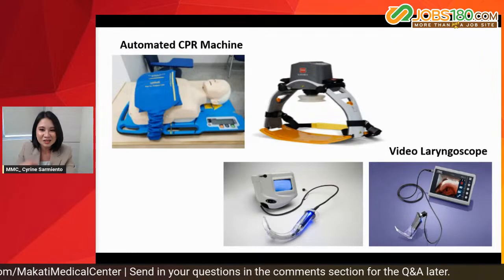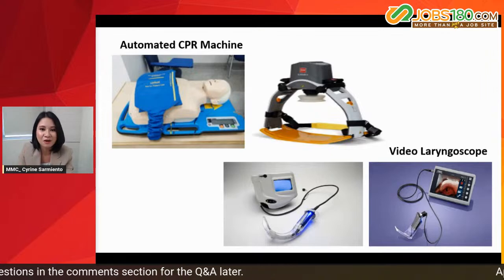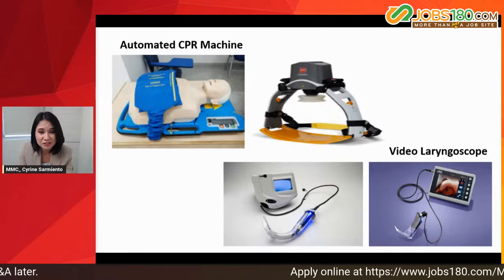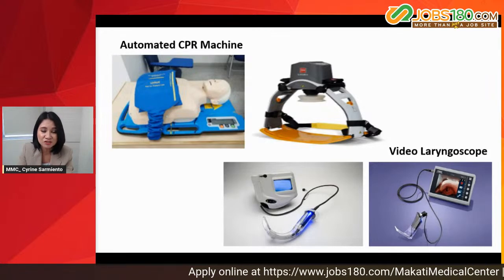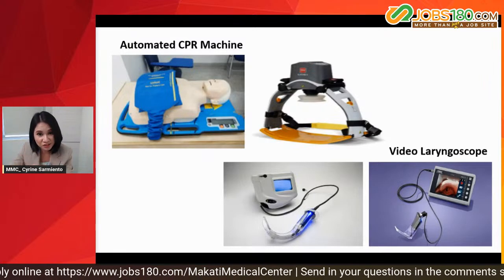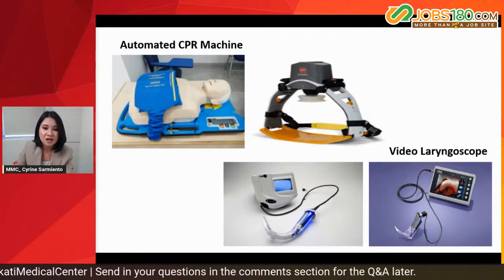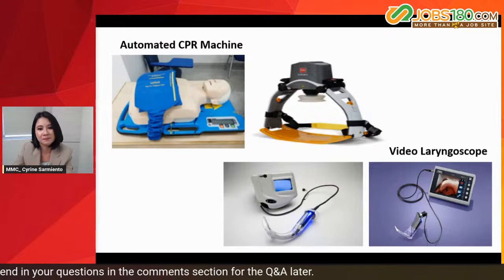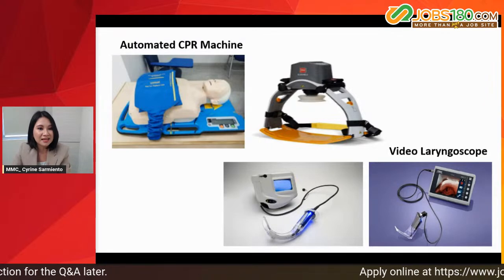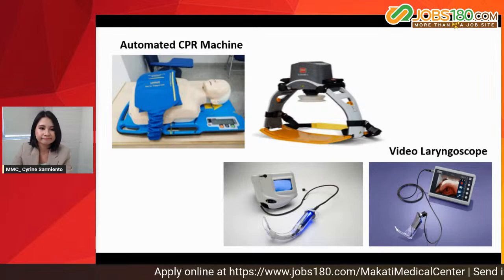So it's no longer manual BLS, but instead we use these machines in our emergency department. Also, with the products of advancement, we have our video laryngoscope. Instead of doing manual intubation using laryngoscope blades, the video laryngoscope guides the doctors when they intubate the patient. So here are some of the common advances that we have in the healthcare system in Makati Medical Center.